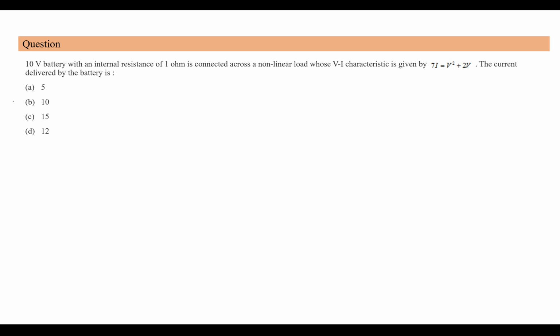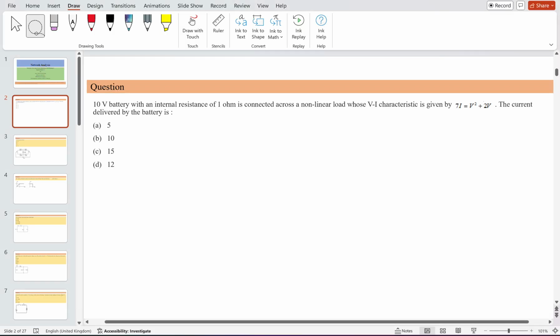Okay, let me give the solution for this. If you see in the problem, it is saying that there is a 10-volt battery. So let me draw it first. Suppose there is a 10-volt battery with an internal resistance of 1 ohm, and then it is connected to a non-linear load.